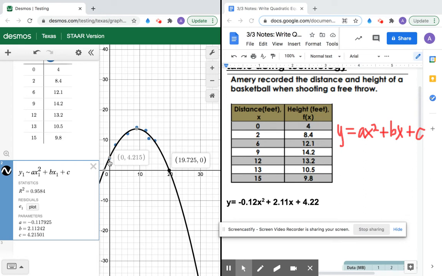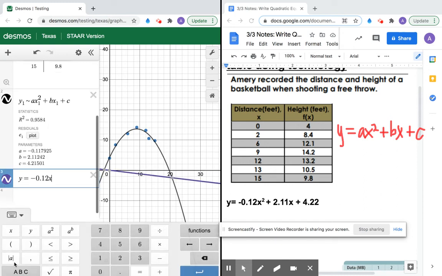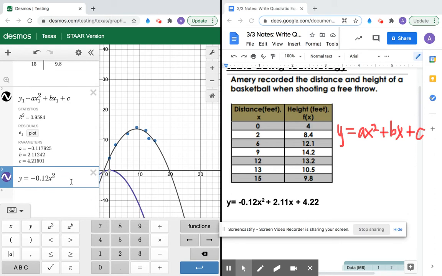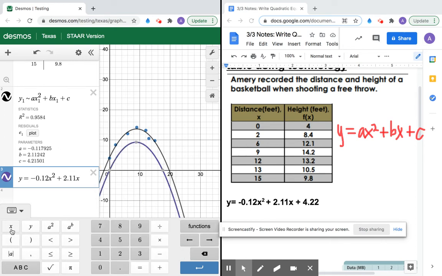So if you wanted to figure out the distance at 4 feet, you can enter that in your table, or you can take this equation that we just came up with, y equals negative 0.12x squared plus 2.11x plus 4.22.